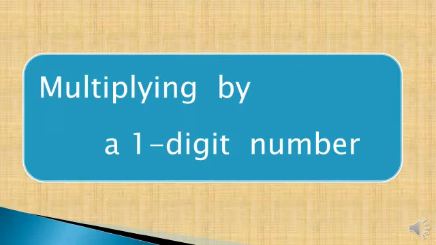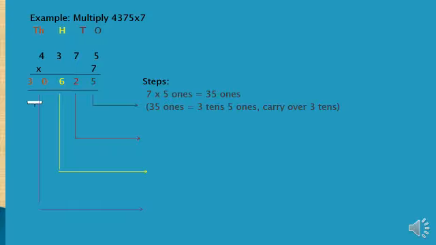Now you are going to see how to multiply by 1-digit number. To do any question in multiplication, you should be thorough with multiplication tables. Here the question is multiply 4375 by 7. You should know the table of 7 very well.